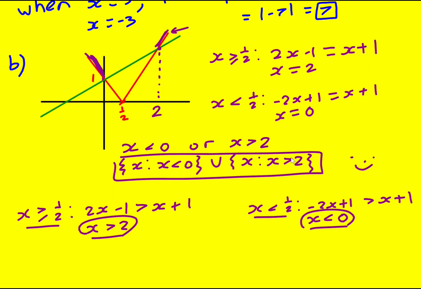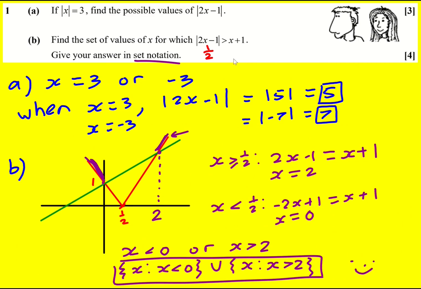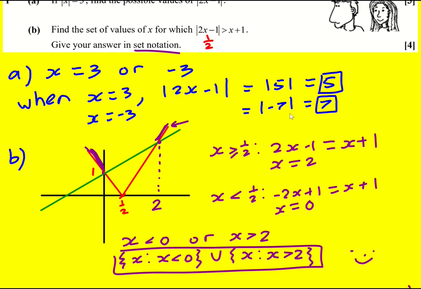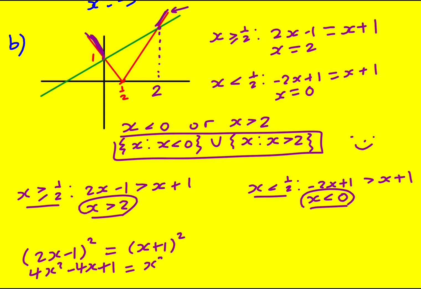One final method. I don't like this method, but I just want to talk about it. So sometimes people solve these by squaring both sides. Again, it's going to involve treating it as an equation because you cannot square when you have an inequality, because potentially the sign can change round. So that will become 2x minus 1 squared equals x plus 1 squared. 4x squared minus 4x plus 1 equals x squared plus 2x plus 1.